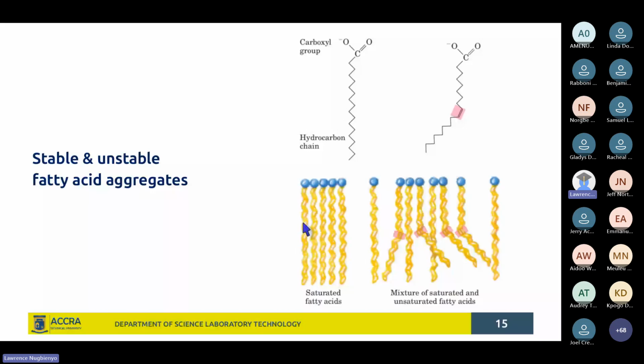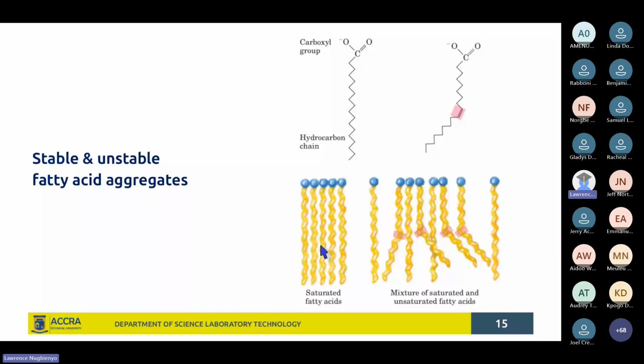So this consists of saturated fatty acids, no double bonds in them. And you realize that the aggregate which is formed here is very tightly packed together, and you don't have any sort of instability in there.